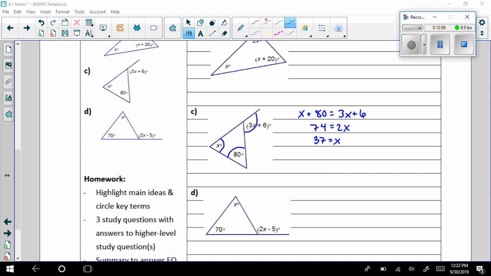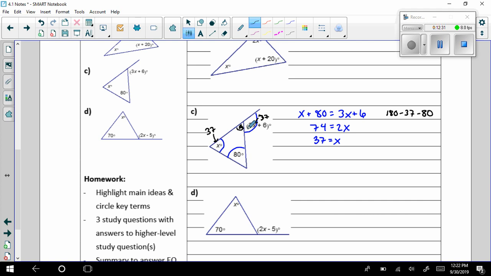To classify this triangle, it's a little bit more work. We know that this angle is 37. I'm going to take 180 and subtract 37 and subtract 80, because that will get me what this last angle is. Your other option is to plug in 37 for x, solve that out, and then subtract that from 180.